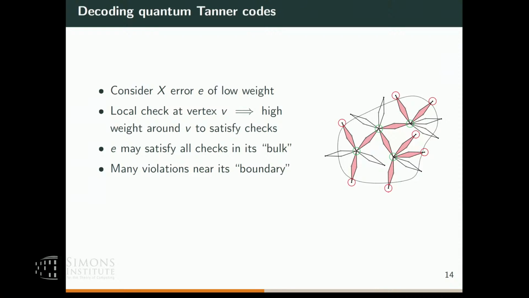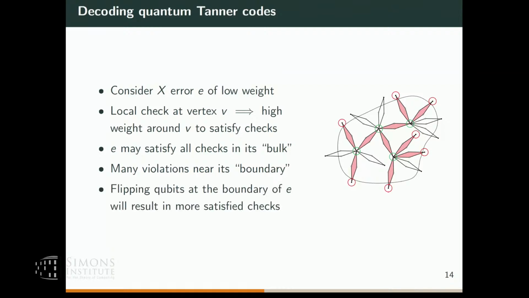So the idea for the decoder is that maybe we can make some flips around the boundary of this error region, and that would result in more satisfied checks than before we did the flip. We don't see where the error is, but we can use this cost function in order to increase the number of satisfied checks. And that will result in reducing the error region. When we iteratively do that, it reduces the region slowly until it eventually goes to 0.